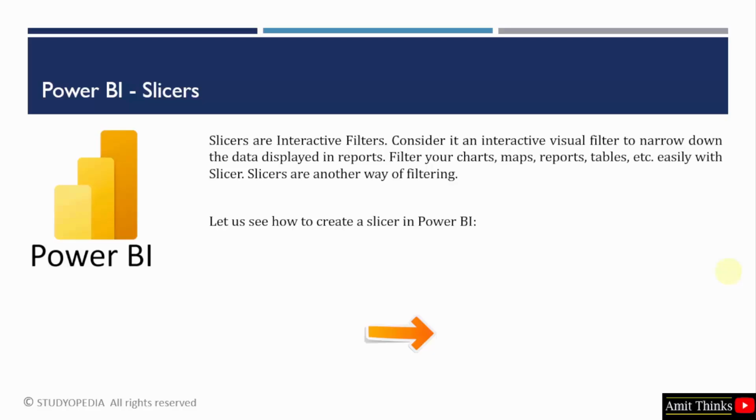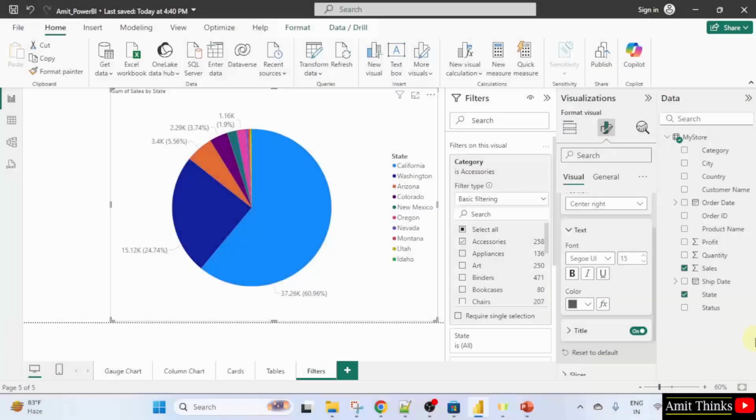Let's see. So this is Power BI. We created a filter before to filter the sum of sales by state for a specific category. Now we will create a slicer.